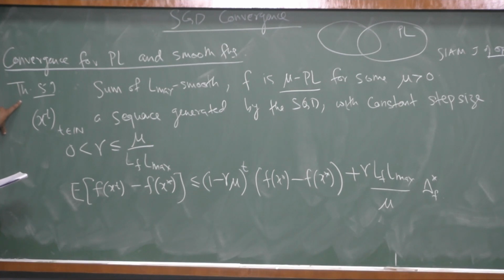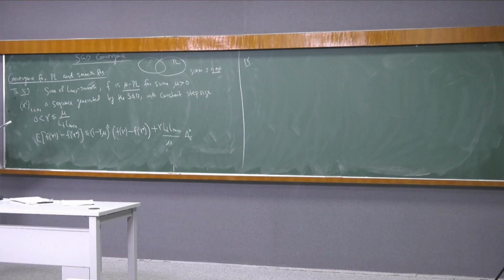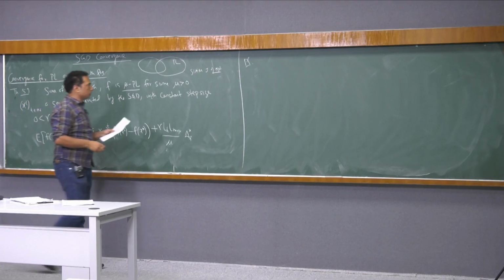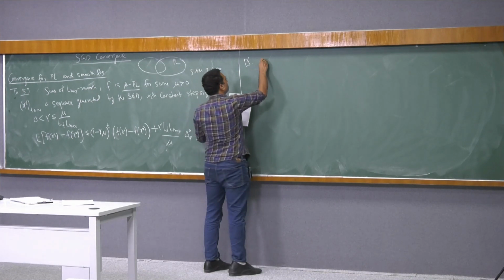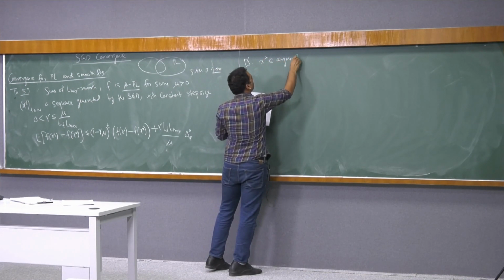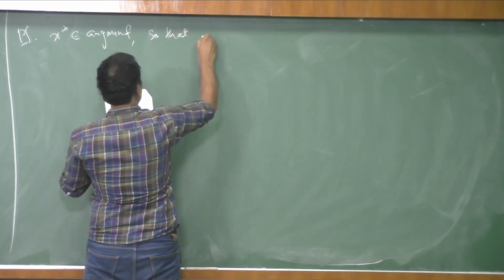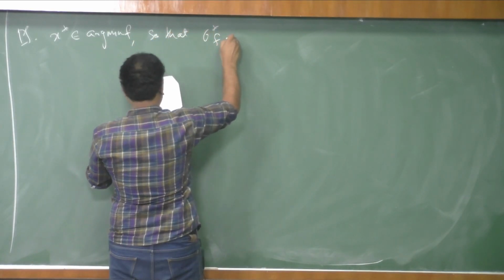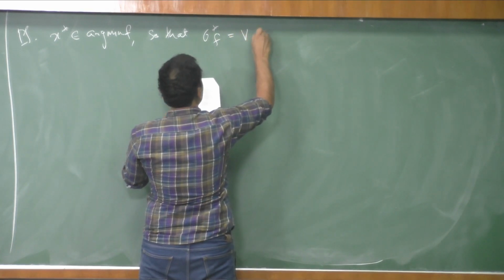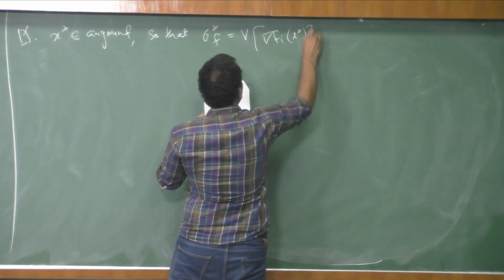So let us see a proof of this. So x star obviously is in argmin of F, so that sigma star F is variance of grad Fi of x star.